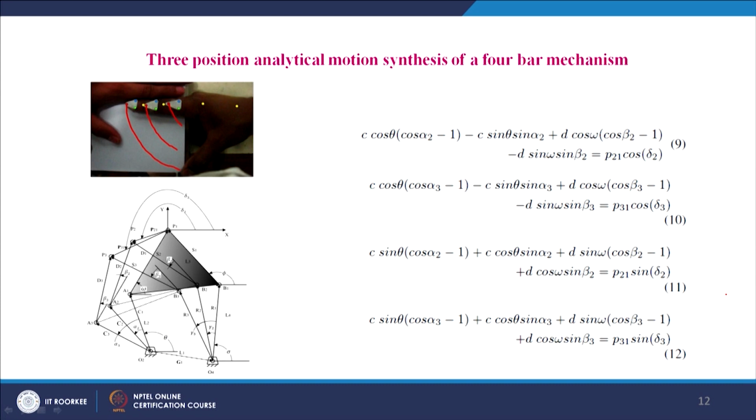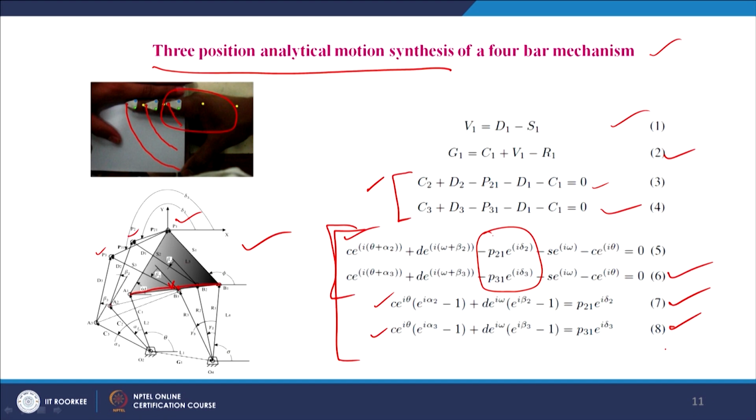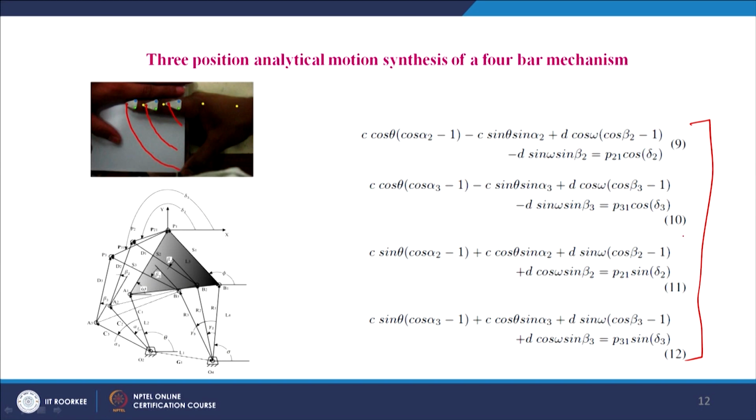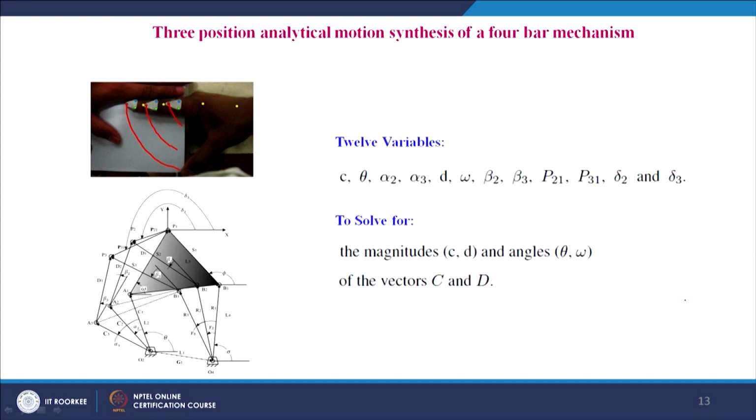So, in continuation, we then have 4 equations, 9 to 12, by having the polar form representation e power plus or minus i theta equal to cos theta plus or minus i sin theta. With that representation we could have these 4 equations 9 to 12 coming from the 2 equations previously, 7 and 8.